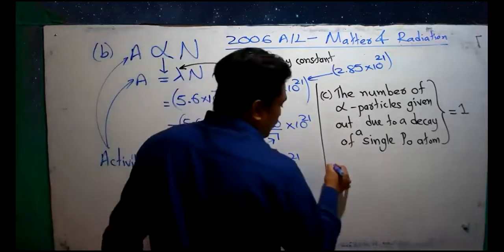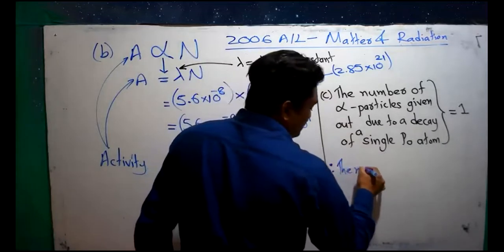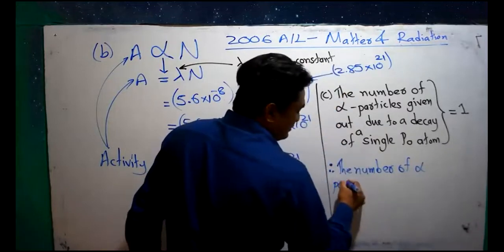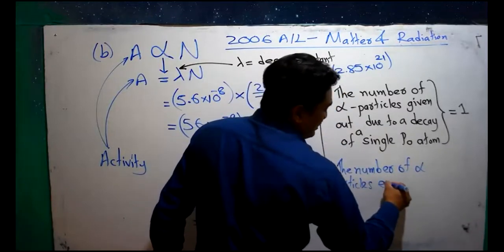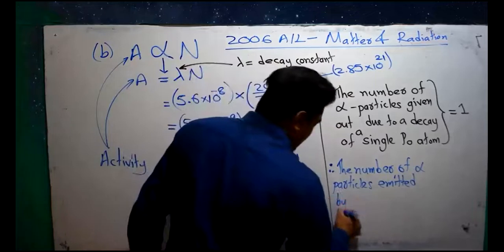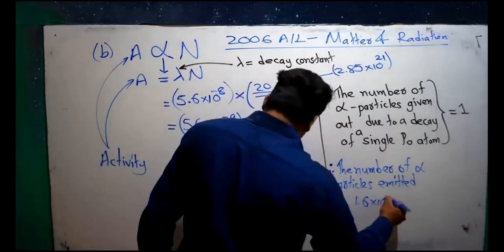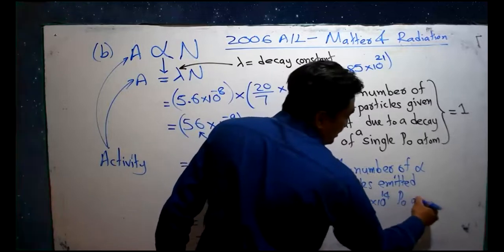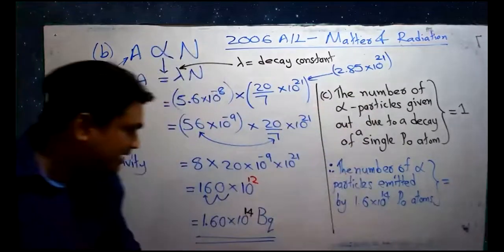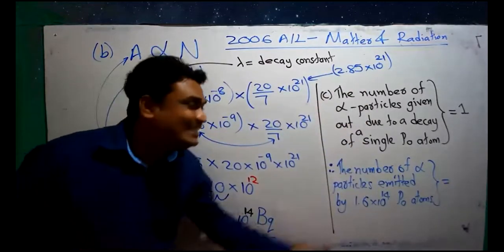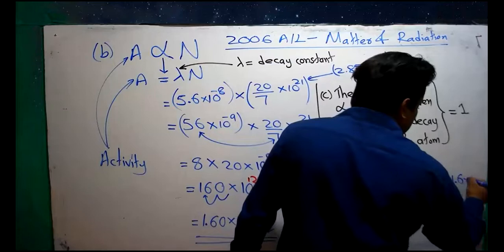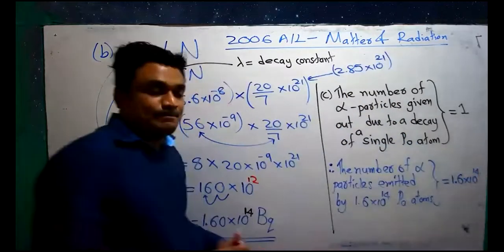So, therefore, the number of alpha particles emitted by 1.6 into 10 to the power 14 polonium atoms, one polonium atom, one alpha particle, is the same number, 1.6 into 10 to the power 14.